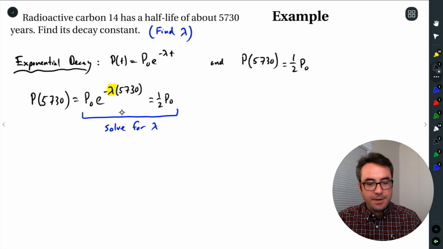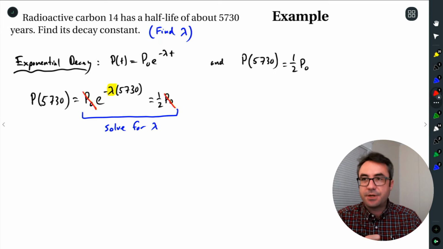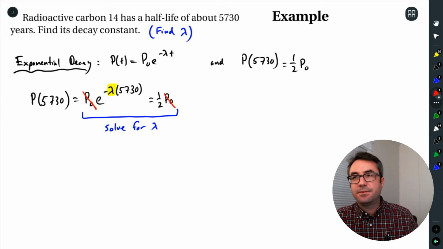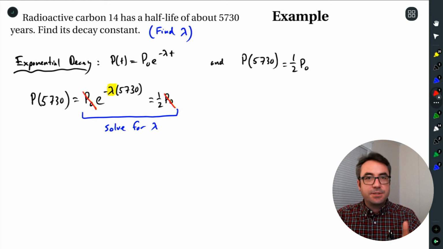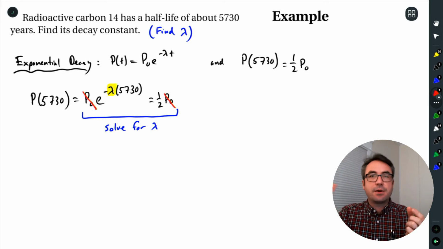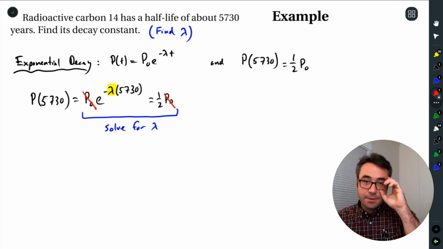And so if we divide both sides of this equation by P0, it's just going to cancel out. So again, that decay constant really doesn't matter. It doesn't depend on the starting size because it just ends up canceling out. So whether you start with 10 milligrams or whether you start with 1,000 milligrams, the decay constant is going to be the same for both of those materials.